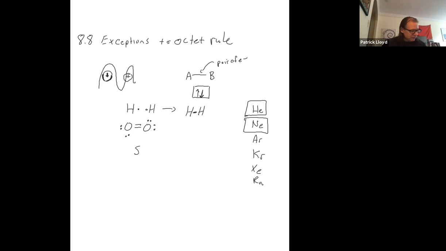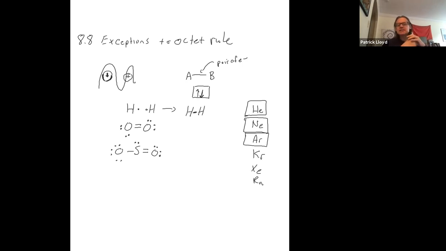Likewise, sulfur will often form structures such that it also has 8 electrons, giving it the same number of valence electrons as argon, and so forth and so on. And we called this the Octet Rule.